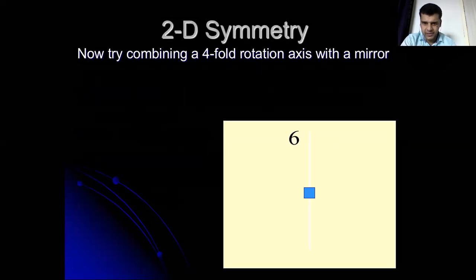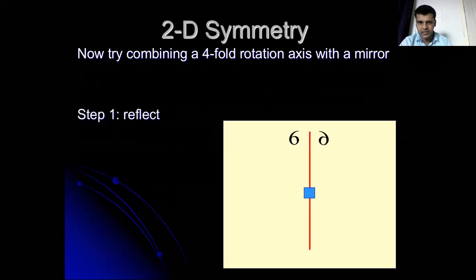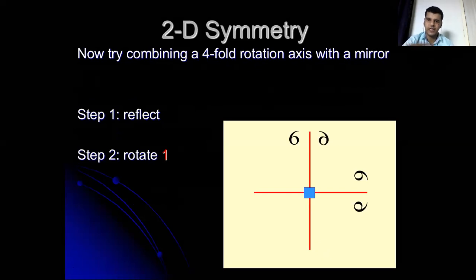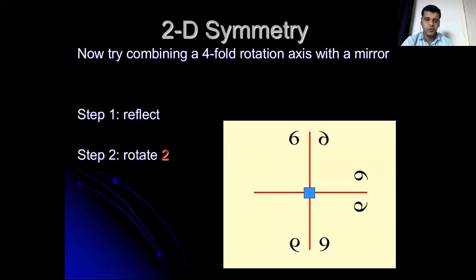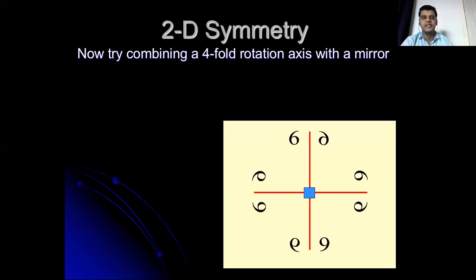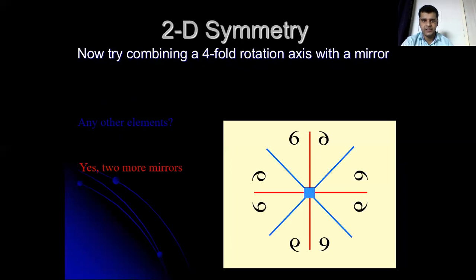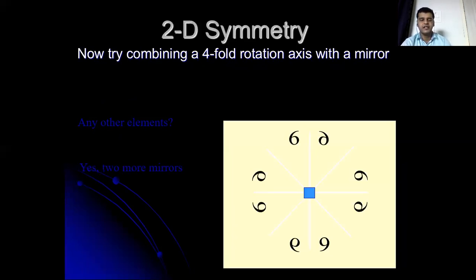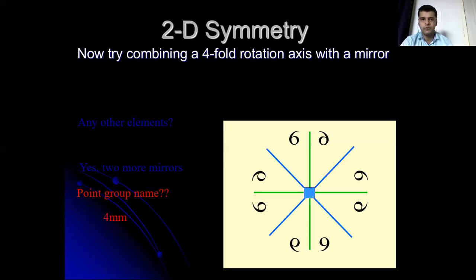Then try a combination of four-fold rotation with mirror. Step one is reflect, then rotate in one more direction, again rotate two, and again rotate three. Finally, is there any other element? Two more mirrors. If you fix two more mirrors, it refers to the same crystal structure. This is the example for 2D symmetry with a four-fold rotation axis with the mirror image. How do we name the point group? 4mm, because this is four-fold.